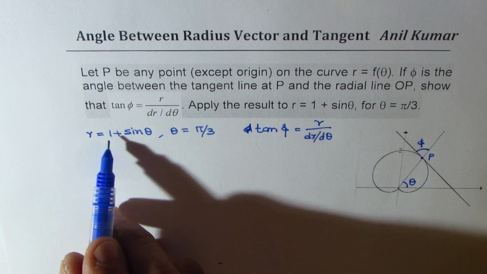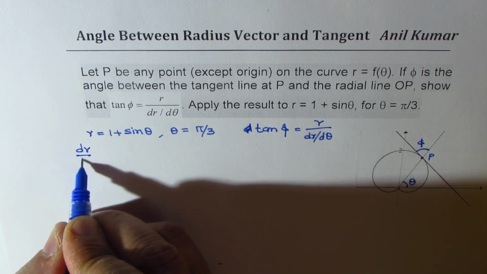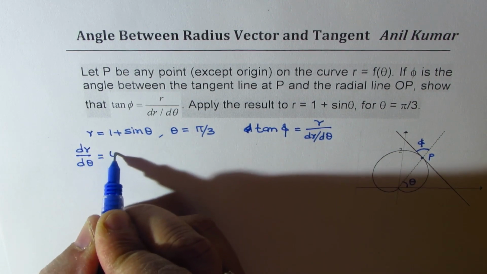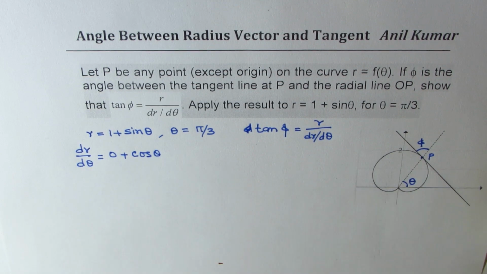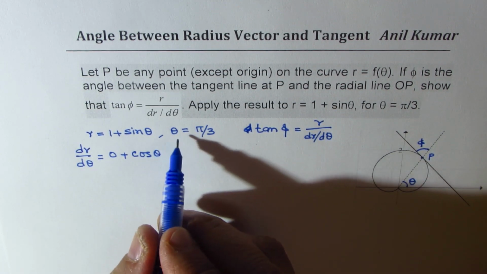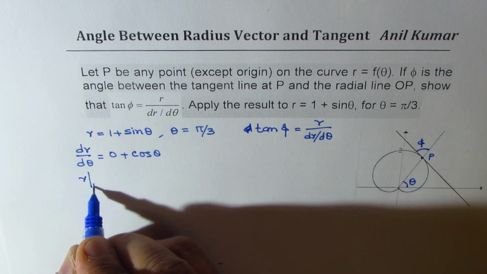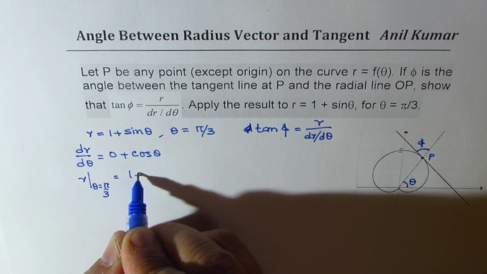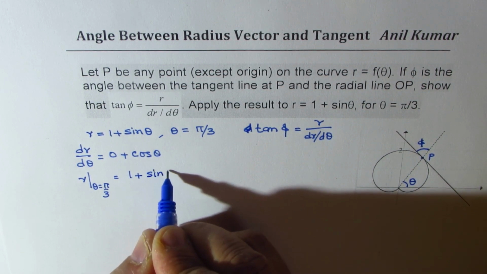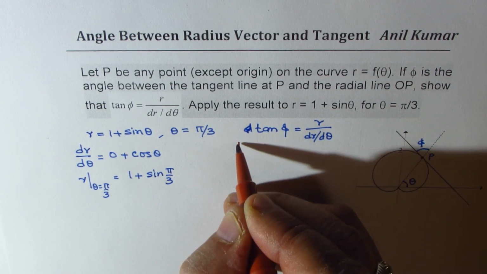So we are given r as equal to 1 plus sine theta. Differentiating with respect to theta, we get 0 plus cos theta, derivative of sine theta. So we get this. Now for theta equals pi by 3, what is r? R for theta equals pi by 3 is 1 plus sine pi by 3. We can always use the special triangle, right?